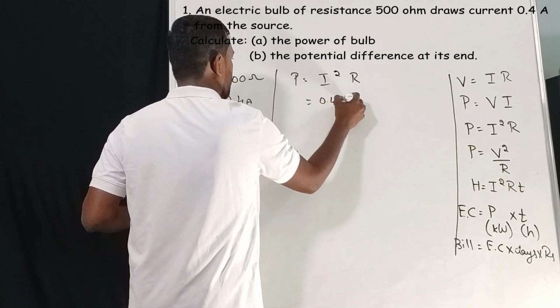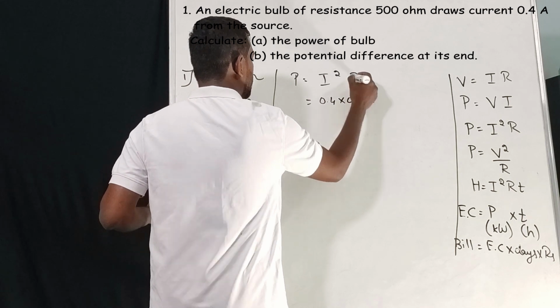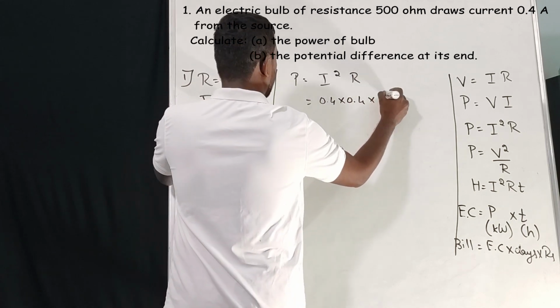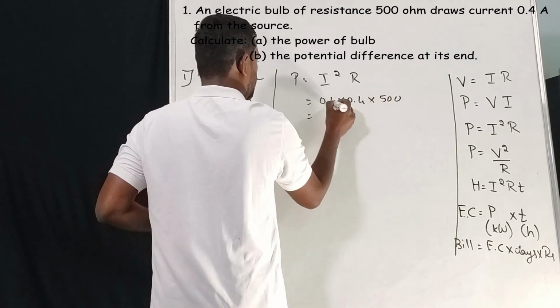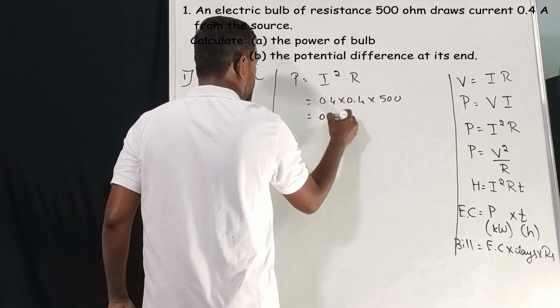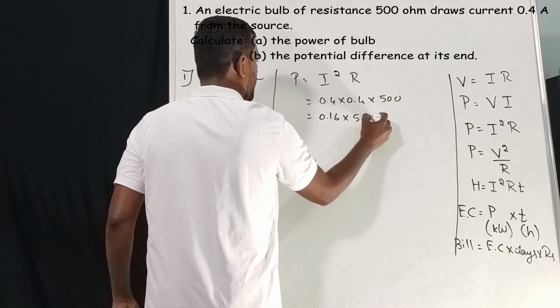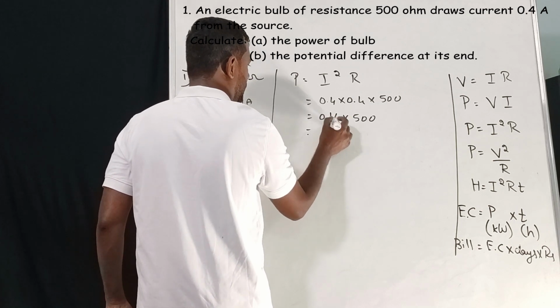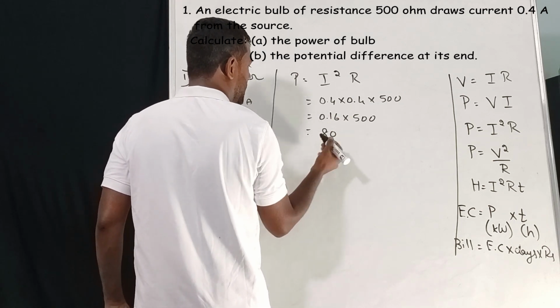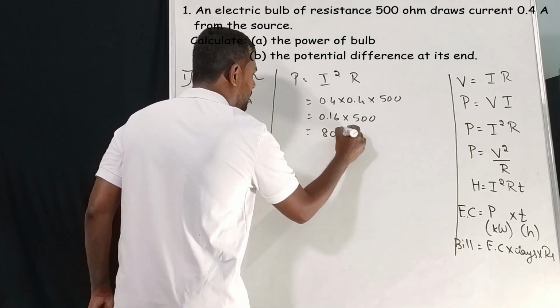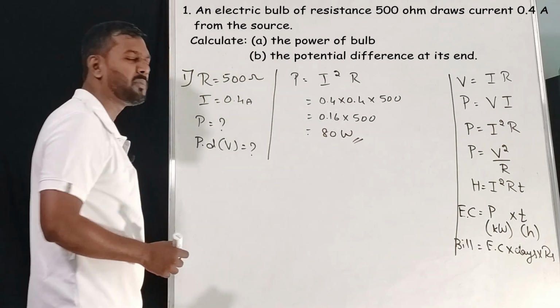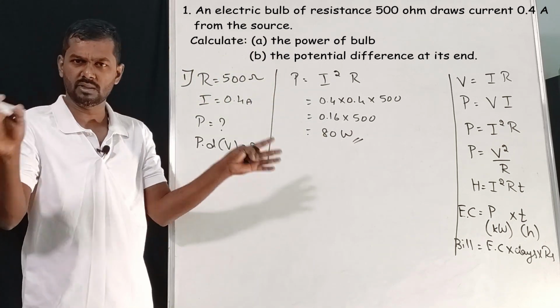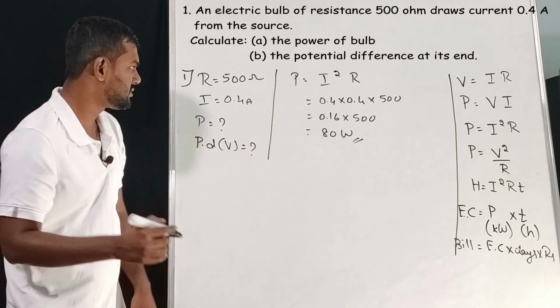That is 0.4 into 0.4 into R. R is nothing but 500. So this will be 0.16 into 500. 16 fives are 80. For two zeros, two decimal points will go. What is the unit of power? Watt. This is my method of calculating. You can use any method, you will get the same answer.